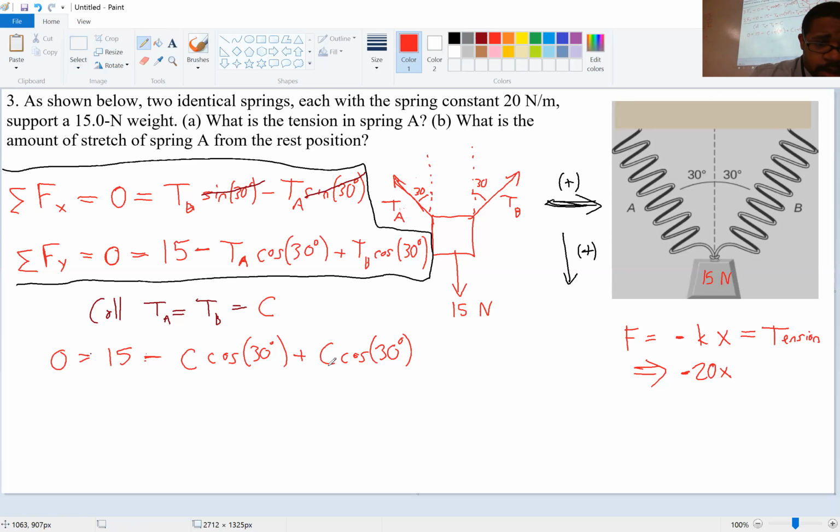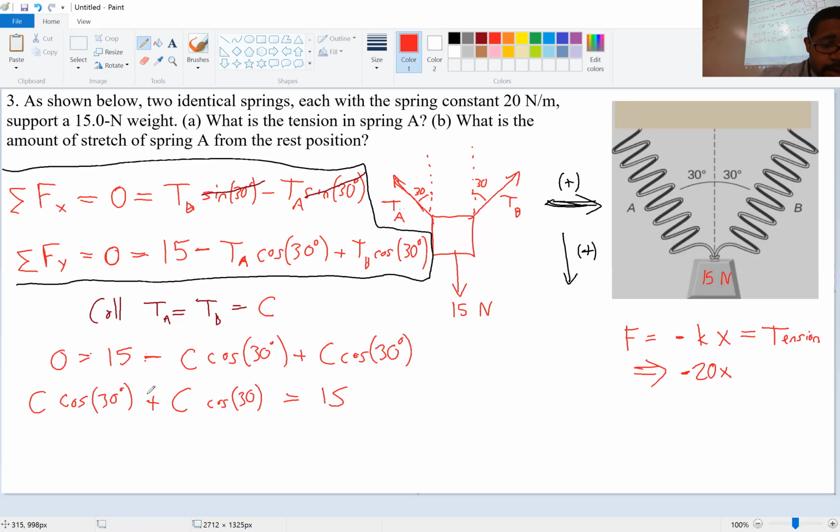All right. And then I'll throw this and this over there. So we've got 30 plus C cosine 30 equals 15.